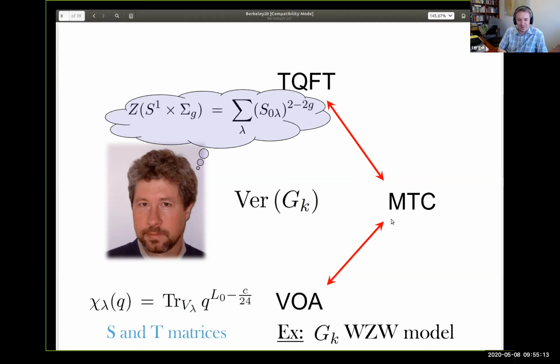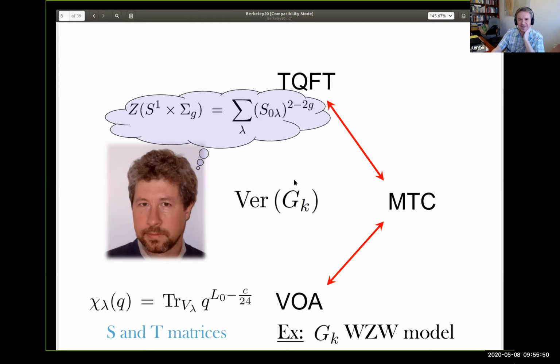So for instance, if you take the so-called WZW model, that's a particular vertex operator algebra built out of a group G. Here I'm using G as a compact Lie group. We can assume it to be simple and semi-simple. K is an integer called level, and for every such pair, you can form a vertex operator algebra, and if you ask how its characters transform, it will basically tell you the S and T matrices of a category, which is called the Verlinde category.